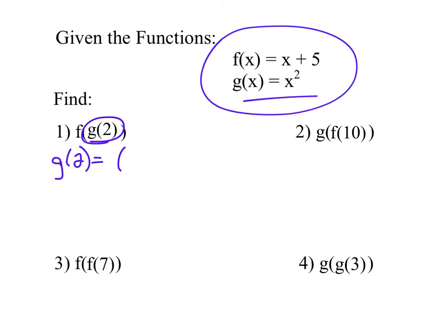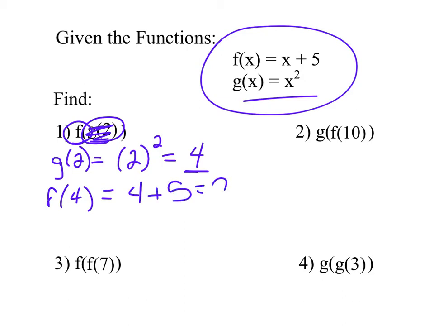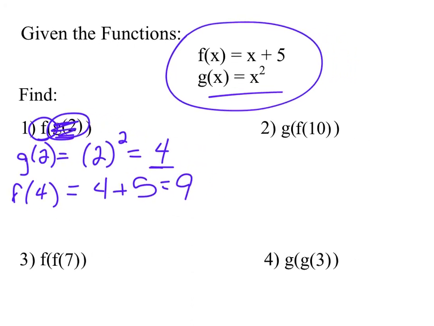You never have to remember that. That's always given to you. So 2 squared is 4. So then I just did this. So now I need f of 4. So f of 4 is 4 plus 5, which is 9. Awesome. As long as I did it right.